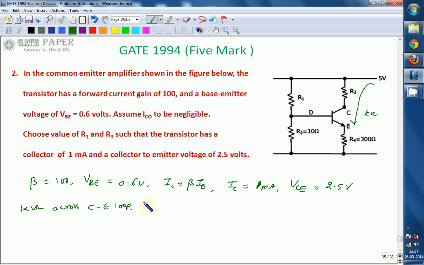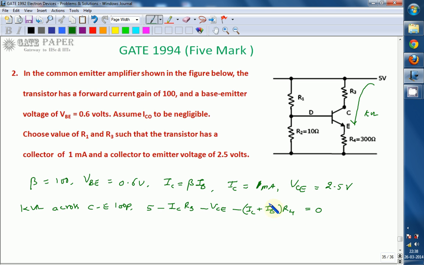That can be written as plus 5 volts minus IC into R3 minus VCE minus (1 plus beta) times IB, that is (IC plus IB), times R4 equal to 0.